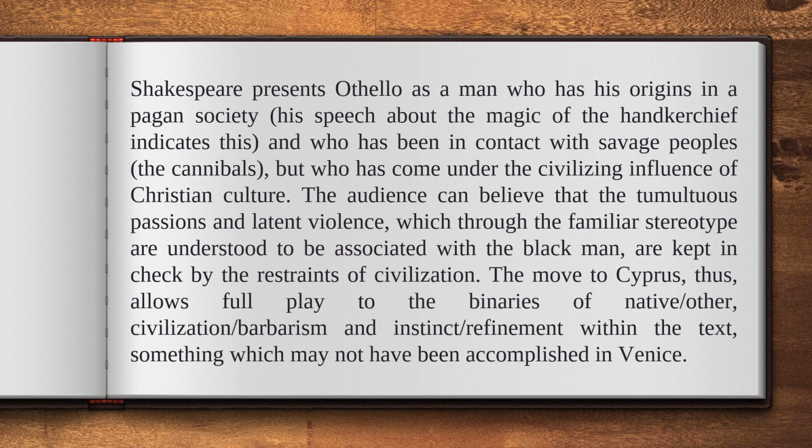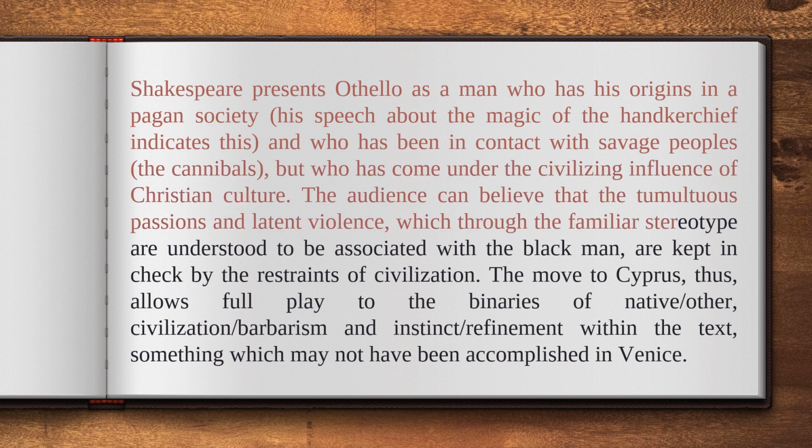Shakespeare presents Othello as a man who has his origins in a pagan society, as his speech about the magic of the handkerchief clearly indicates, and who has been in contact with savage peoples, the cannibals, but who has come under the civilizing influence of Christian culture.